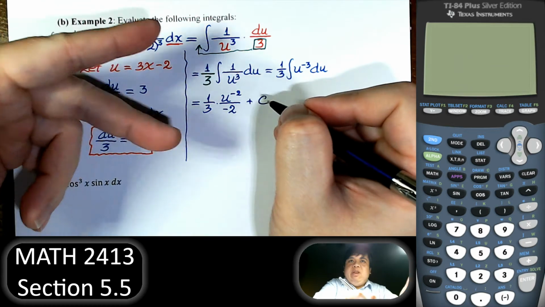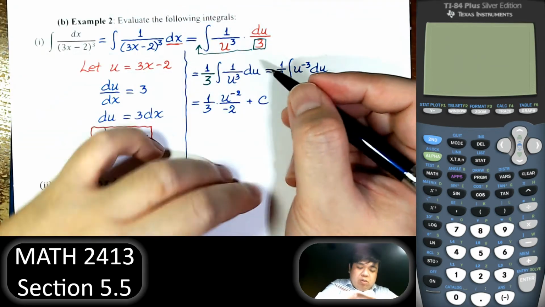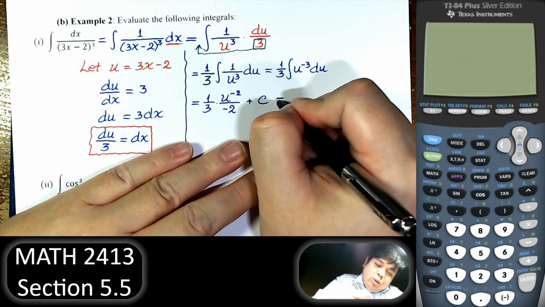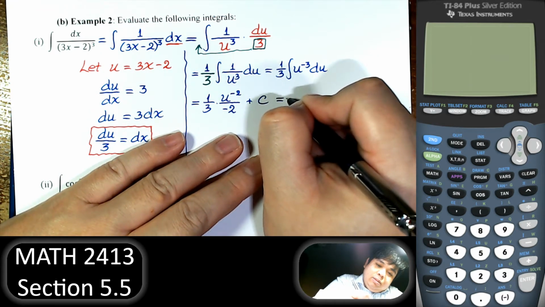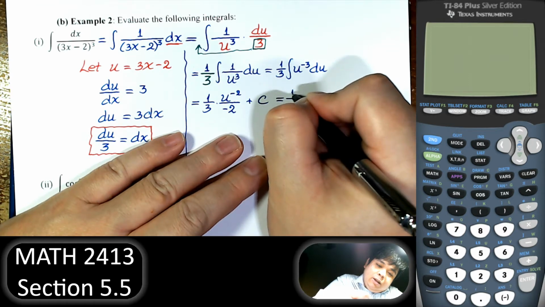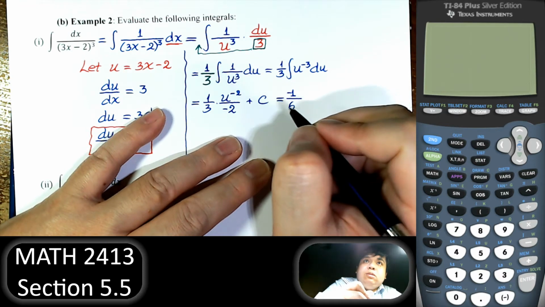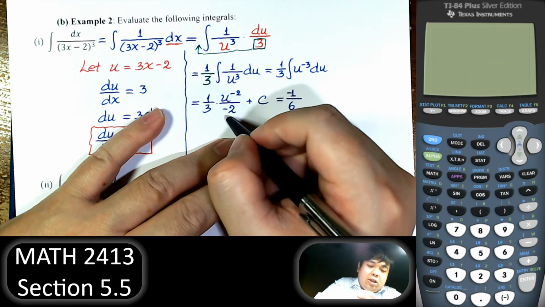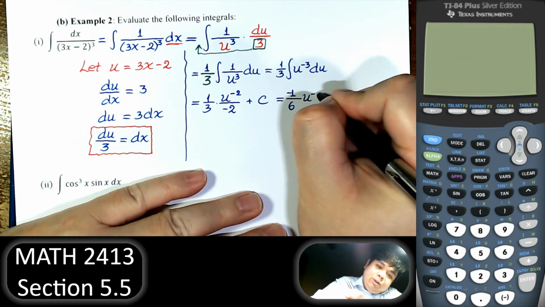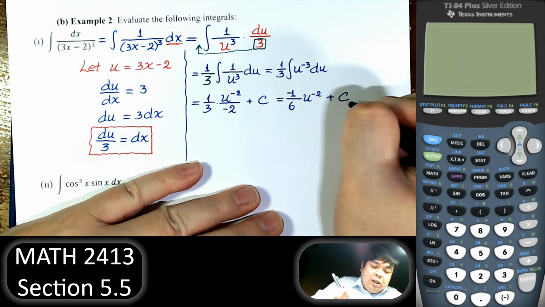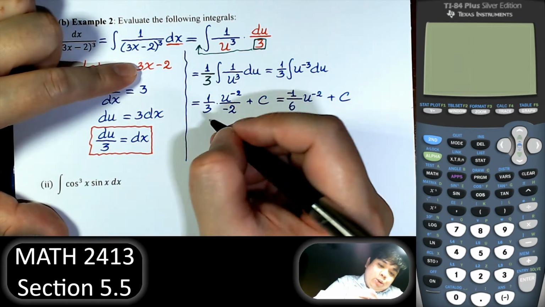Of course, we can flip the negative 2 to negative 1/2 times 1/3, or just multiply across. Either way, we should have negative 1/6 u to the negative 2 plus c. And then finally, we can replace u with 3x minus 2.